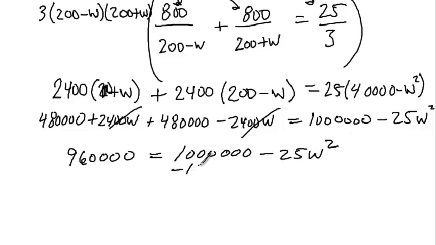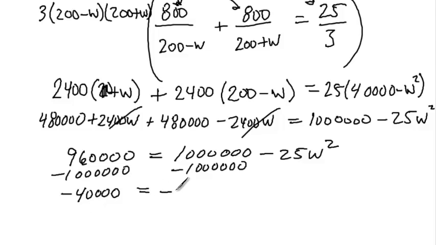Now if we subtract 1,000,000 from each side, we have, let's see, negative 40,000 equals negative 25W squared. We're going to divide by negative 25.